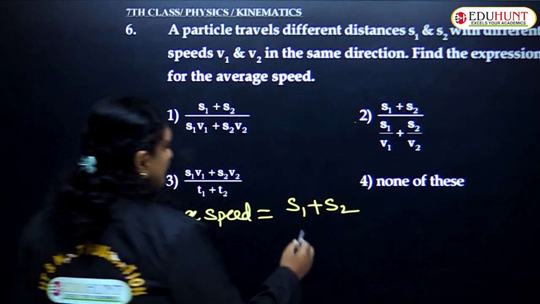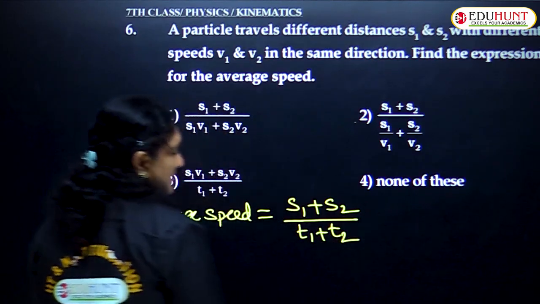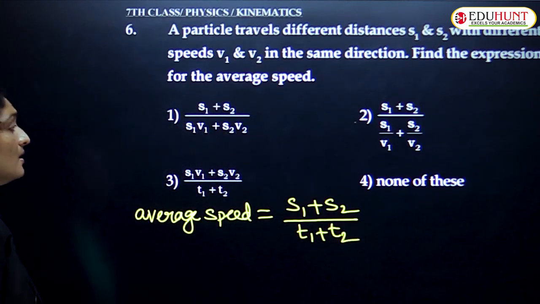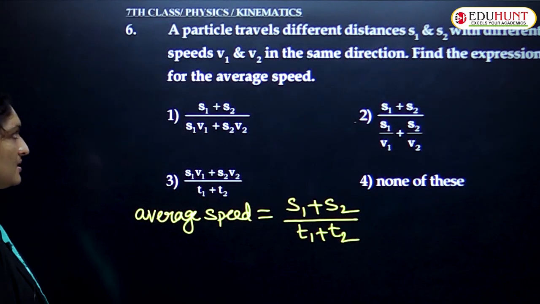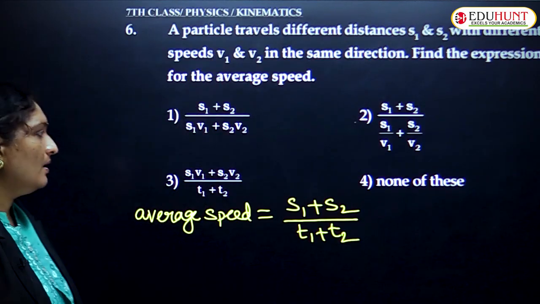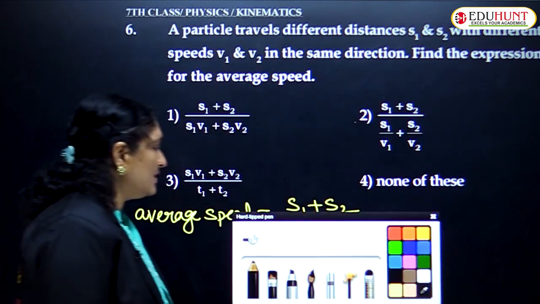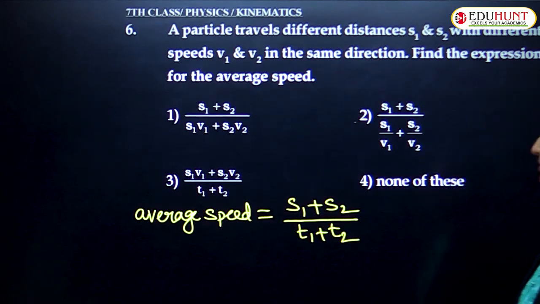And time they haven't given, but still we know the formula, as two different intervals means T1 plus T2. So, average speed is S1 plus S2 by T1 plus T2. But here they haven't given us T, they gave us V. So, it is our responsibility to convert T in terms of V's.